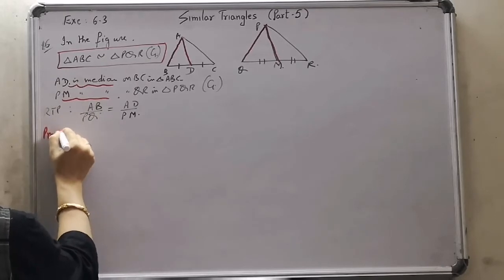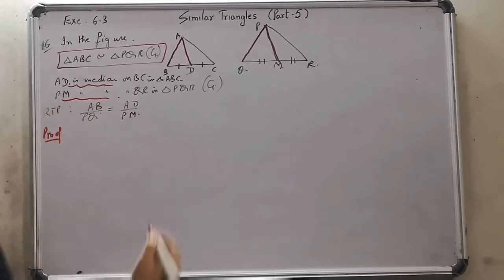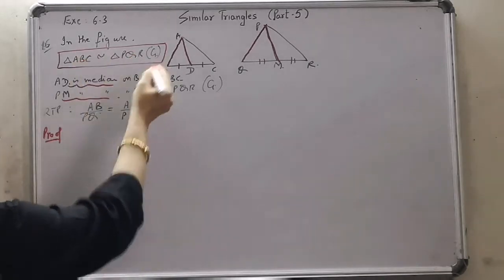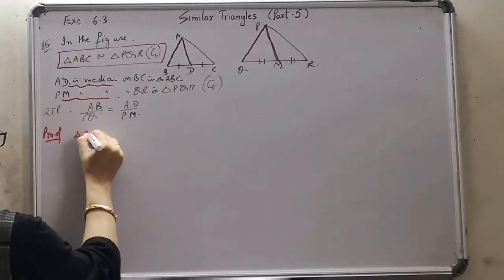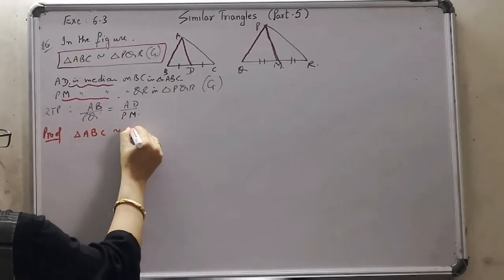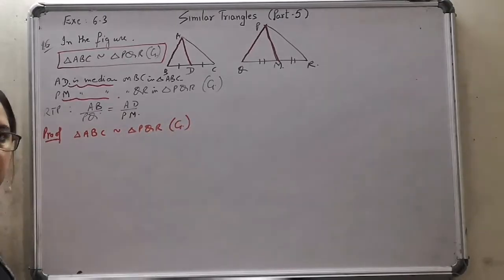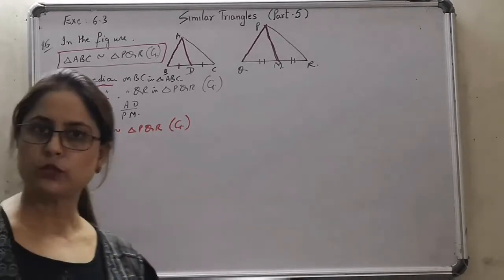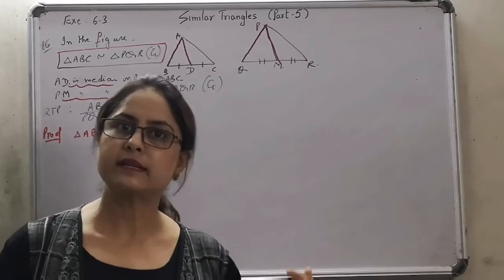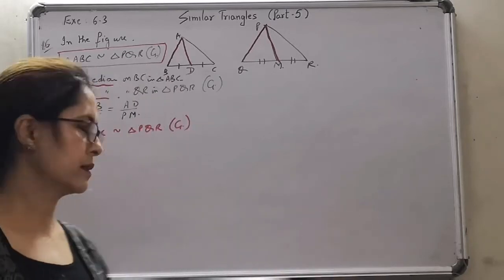So proof. As I talked to you earlier as well, whenever we are given something like this, triangle ABC is similar to triangle PQR. This is given to us. तो इसका मीनिंग भी हमें साथ साथ ही लिख लेना चाहिए. For example, इसका मतलब होता है corresponding angles are equal of the two triangles and corresponding sides are in the same ratio of the two triangles.